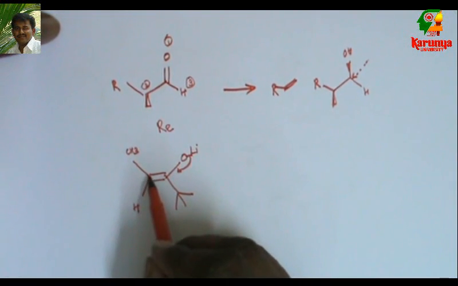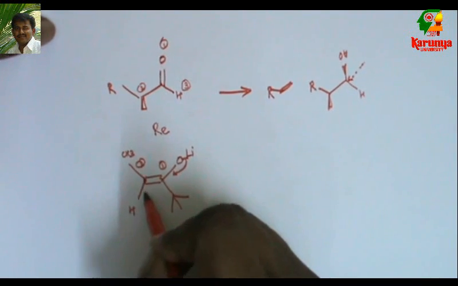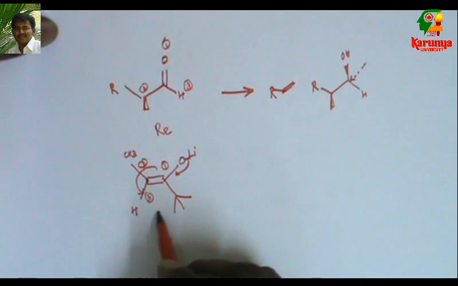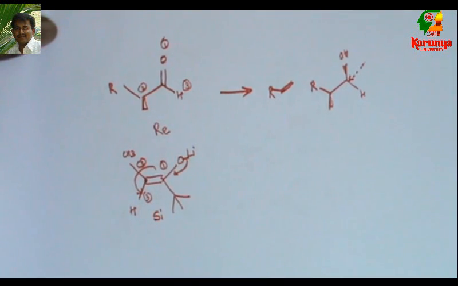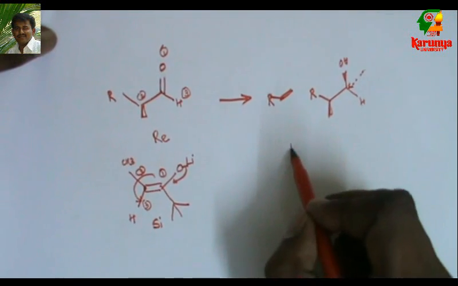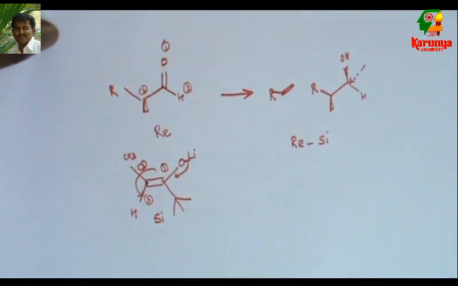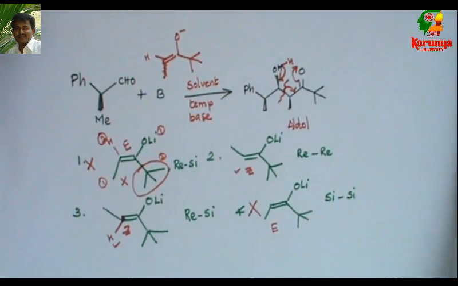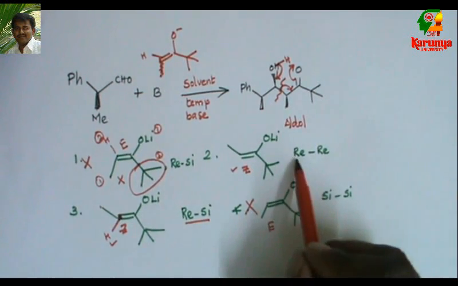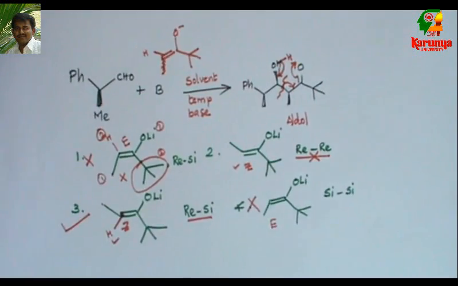So this face is 1, 2, 3. It is the Si face. So the facial attack is Re and Si. Now let us go to the given options. In that, Re Si is there. Re Re is wrong. The Re Si is the correct answer.